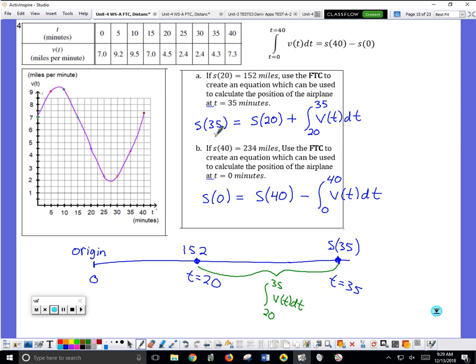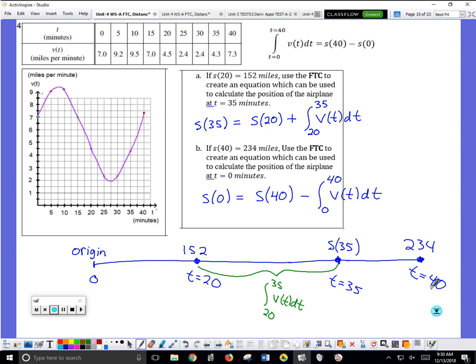And then this one, the way I think of it is, the plane's way over here at time equal 40, where the location is 234. So here's where time is equal to 40.